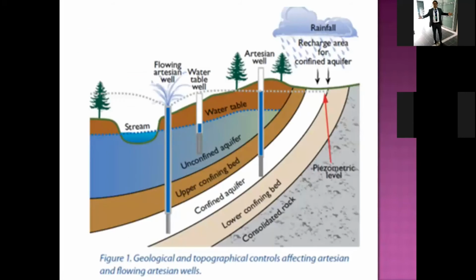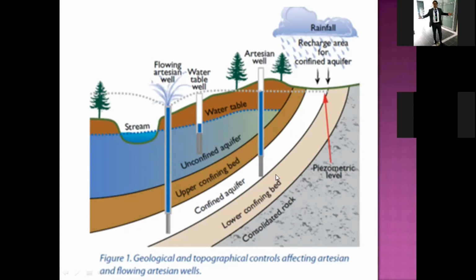However, we see here a figure of this artesian well. You can see that these are the rocks, or these are the layers that are present in the mountainous areas. And if there is heavy rainfall in these areas, that rainfall actually puts more and more water in the reservoir. And you can see that this is a confined aquifer.